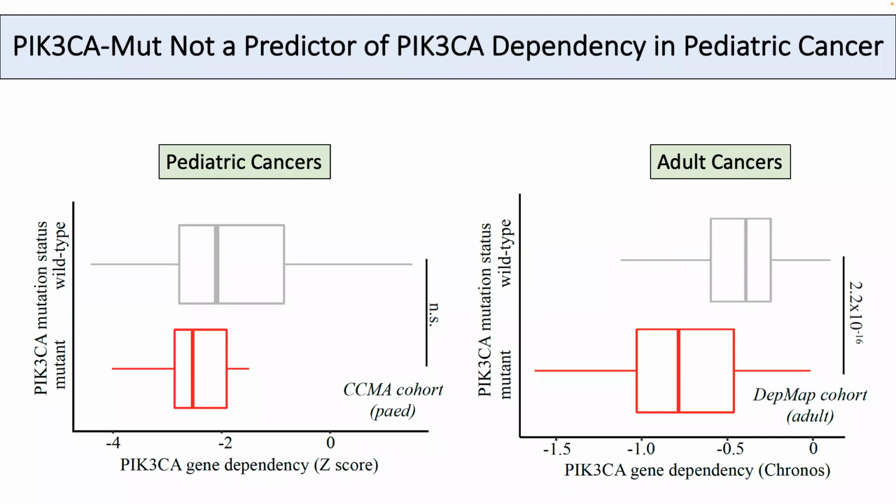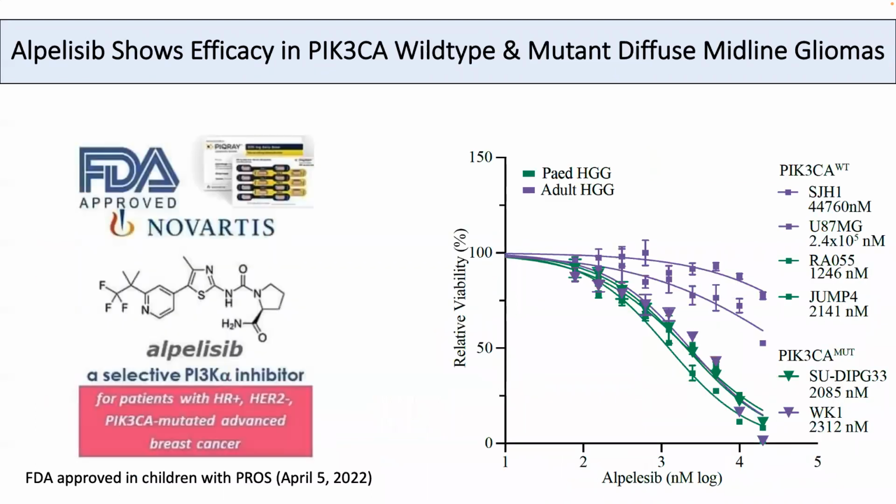However, you can see that unlike adult cancers, where PIK3CA mutation clearly predicts response to the PIK3CA knockout, you can see that in our pediatric gliomas, we found that both PIK3CA mutant and wild types were equivalently dependent on this particular gene. And we wanted to then test whether this might be translatable using inhibitors.